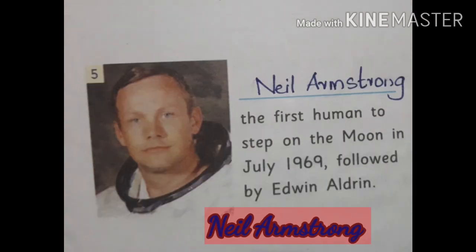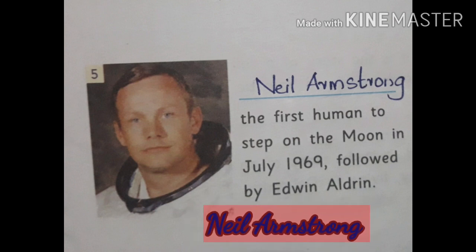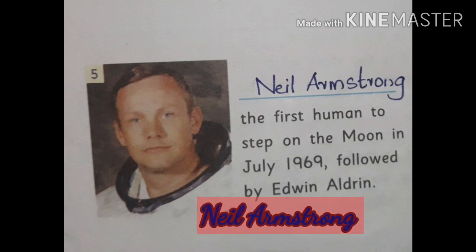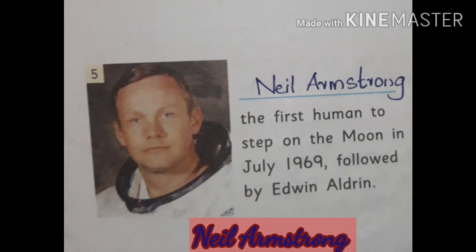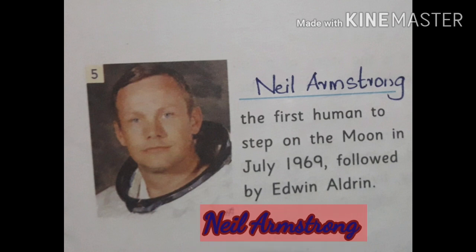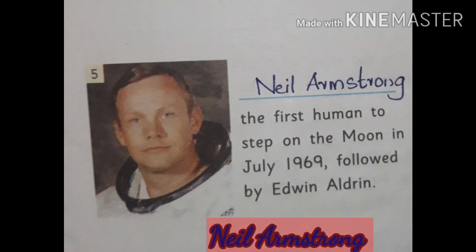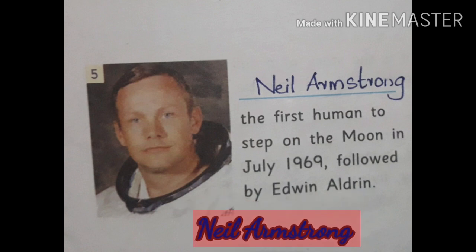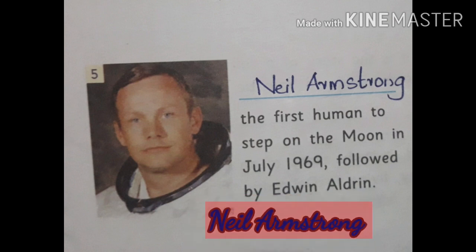Fifth question, Dash was the first human to step onto the moon in July 1969, followed by Edwin Aldrin. The meaning of this question is, who is the first human being to step on the moon? But Edwin Aldrin stepped on the moon after him. So who would be the first human being to step onto the moon before Edwin Aldrin? It is Neil Armstrong.